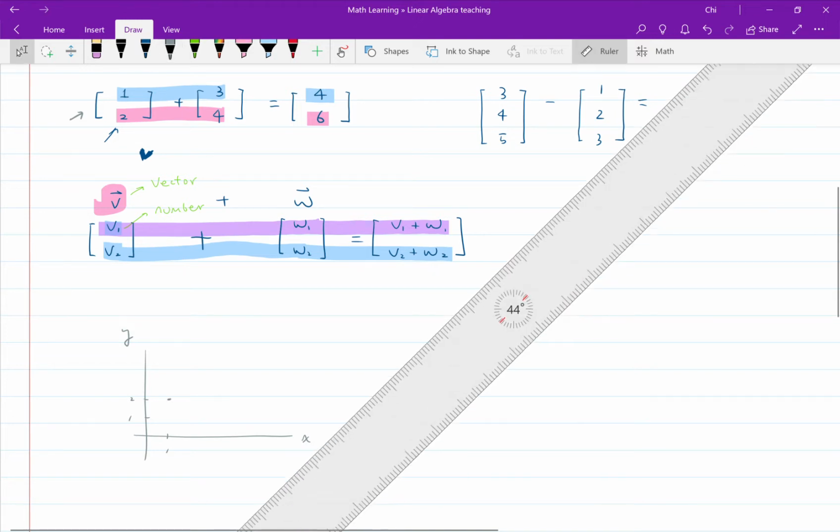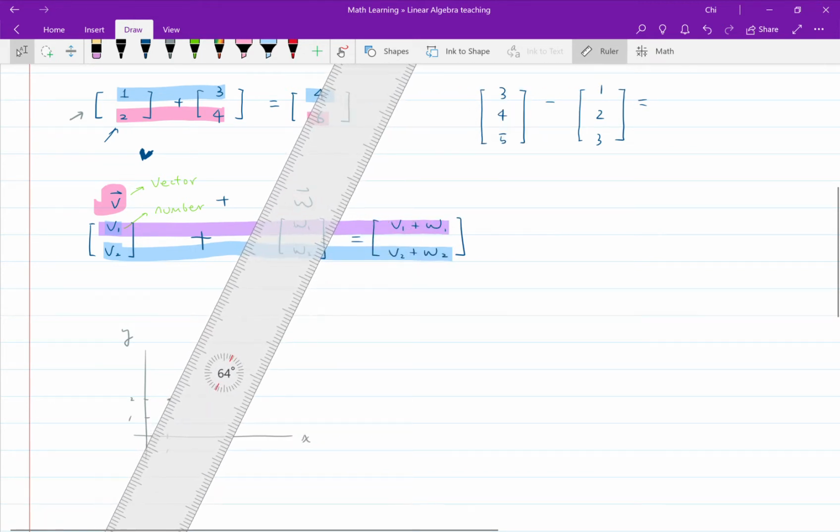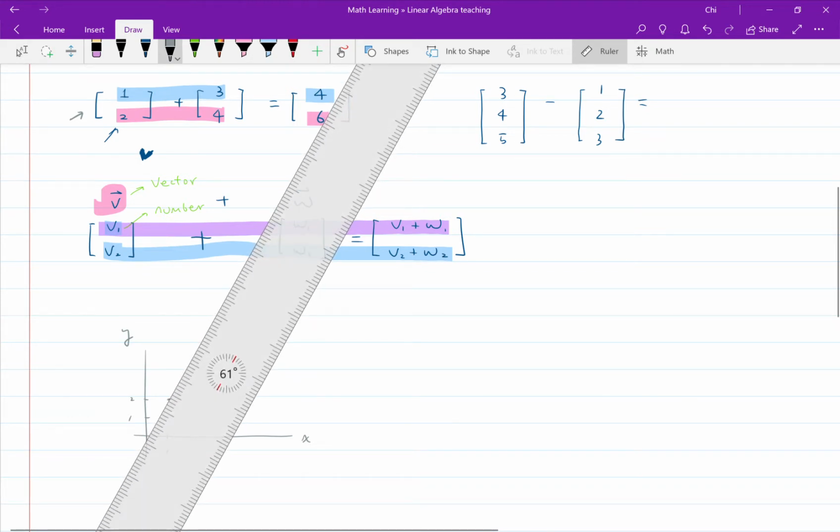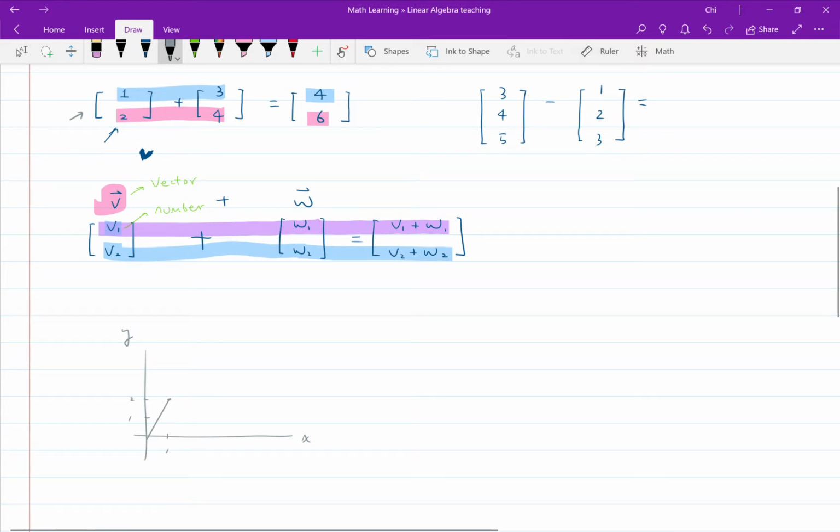And okay, I'll use my ruler. It's still off by a little bit, but it's good for now. So that's the vector 1, 2.